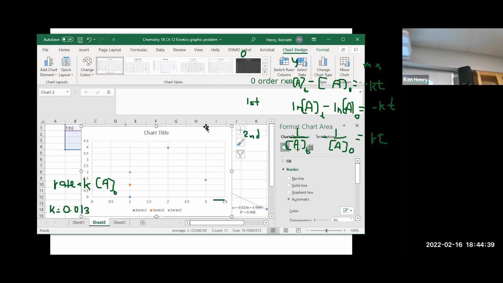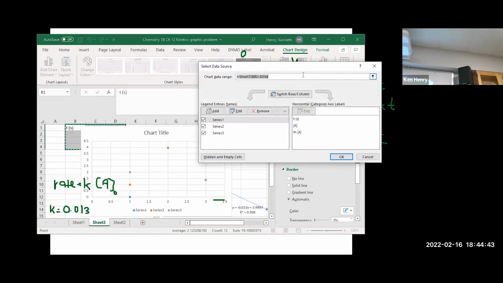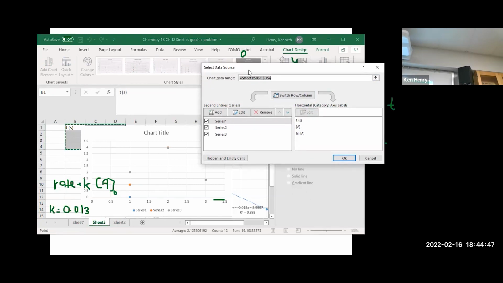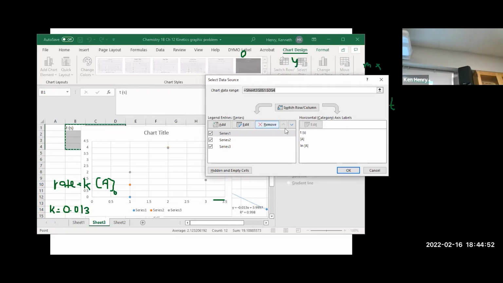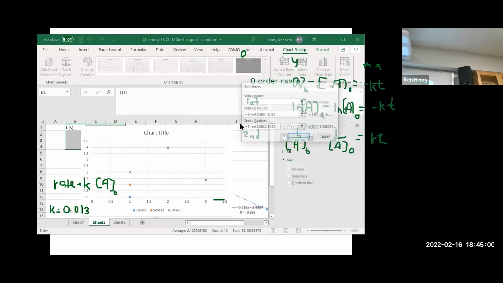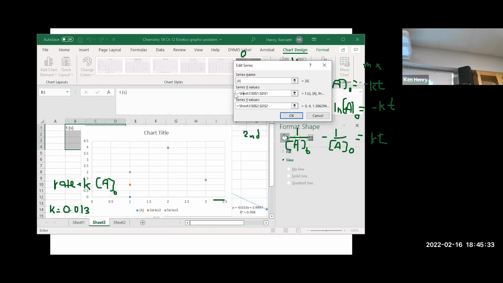Okay, so now I have to fix the chart. What was that?